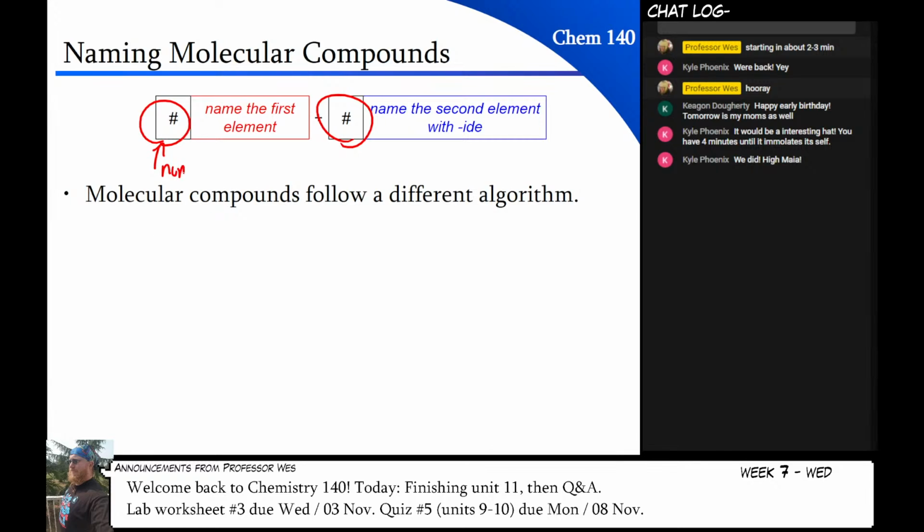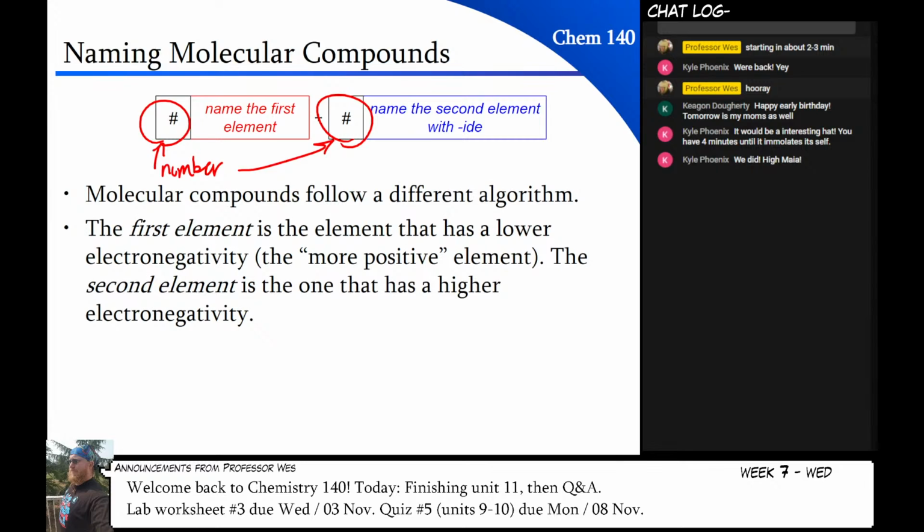So in the boxes with the hashtags, you're going to apply something that describes the number of that element and append it to its name. It's attached to the name, as you can see, because you're going to put it as a prefix.